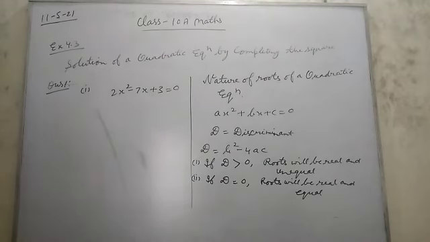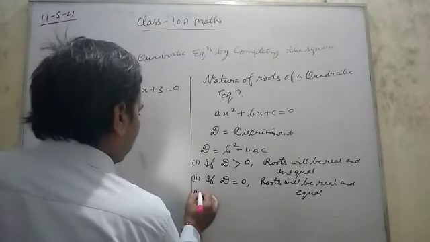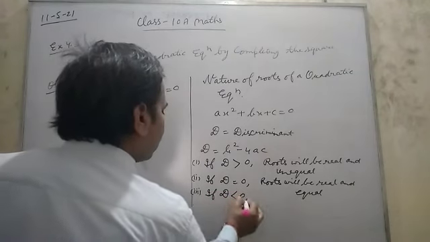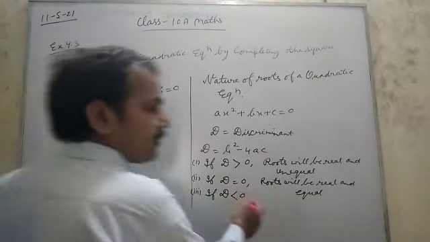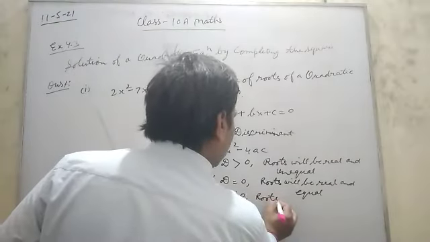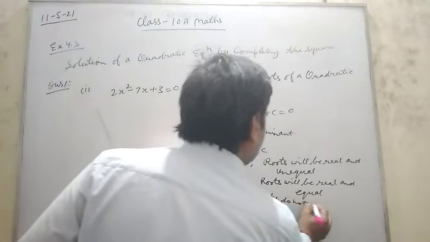Then third, if D is less than 0, so less than 0 means negative, then roots do not exist.